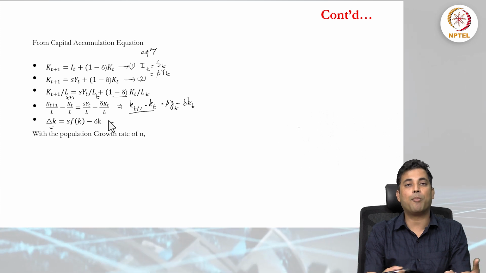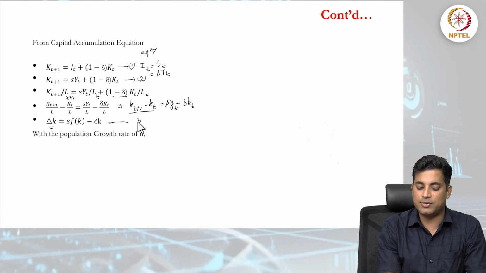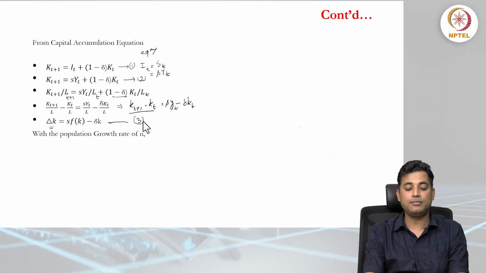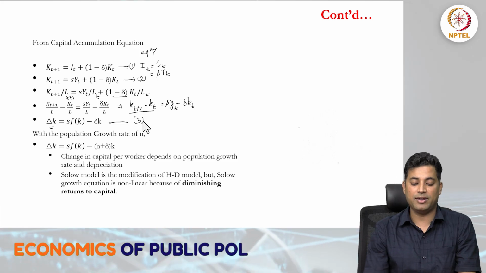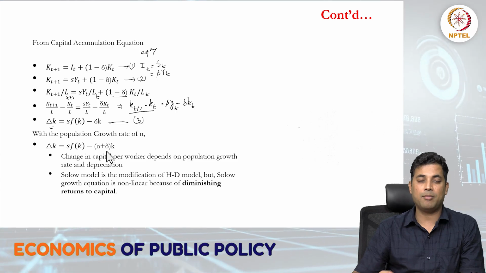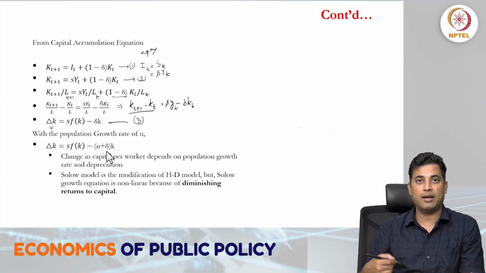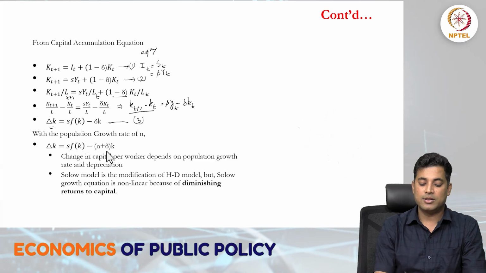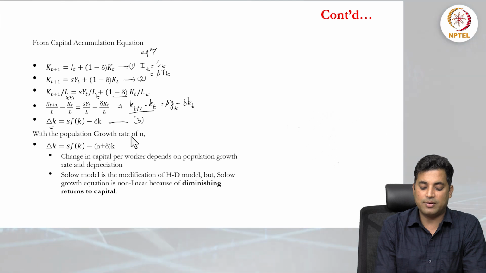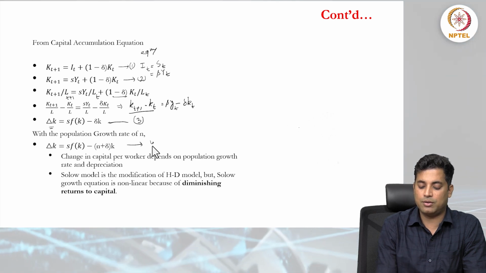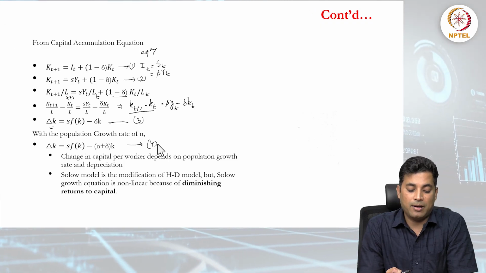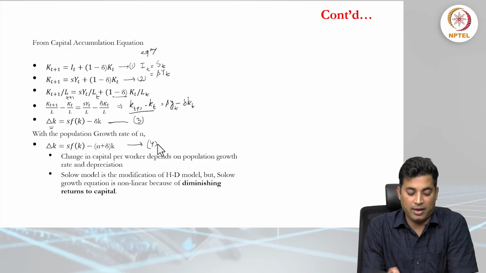Now with population growth, we can write this as equation 3. Depreciation and population growth we will not discuss much, because we already discussed in the context of Harrod-Domar how population growth comes in. If the population growth rate is small n, then small n times small k will be added here. So this is Solow's growth equation considering depreciation and also the population growth rate n.